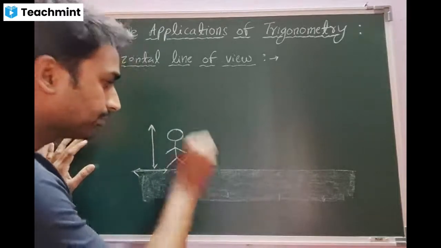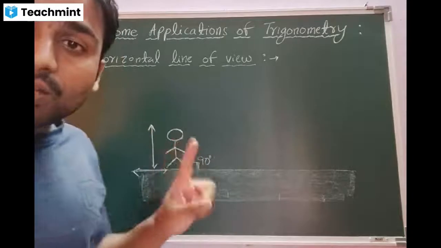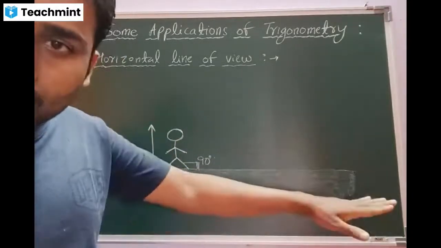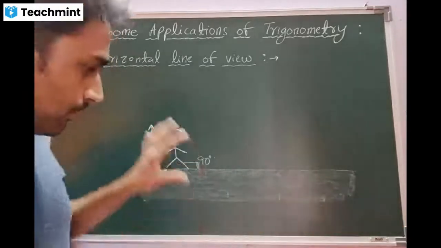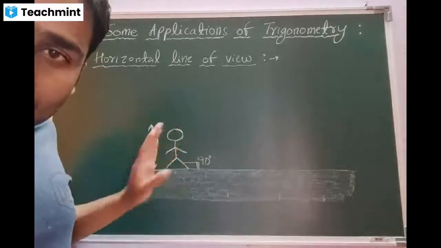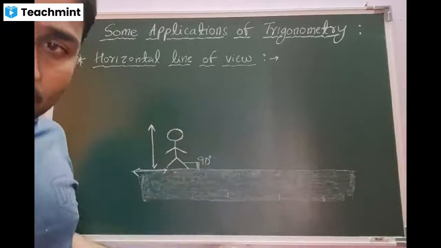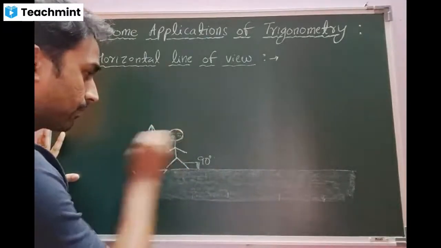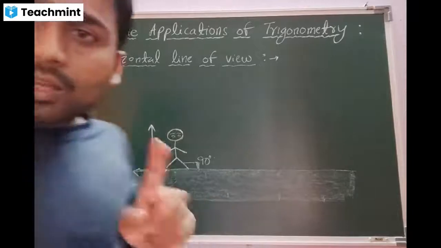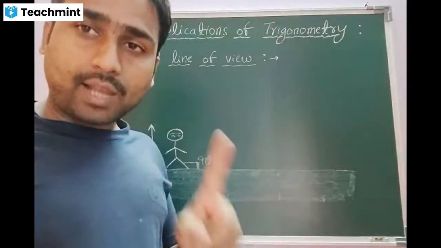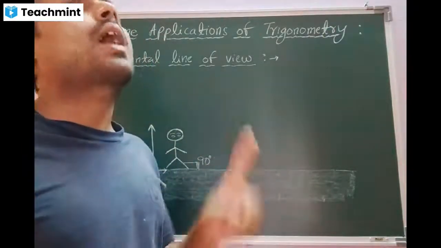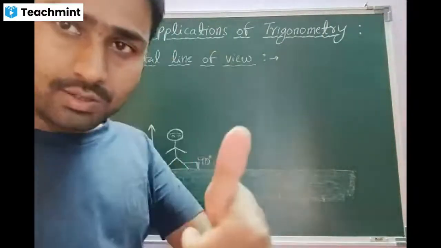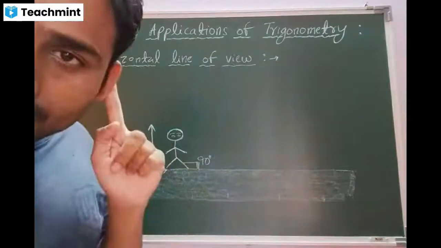This is the first condition on the ground, on the road, on the earth surface: a person standing straight, making a right angle to it. And his head should also be still, not looking up or down. It should be straight. Got the concept?